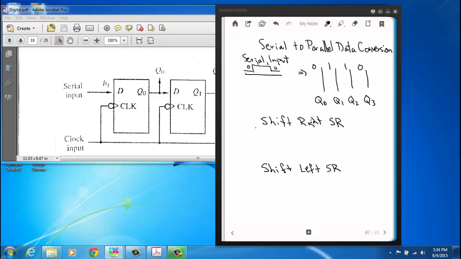What's meant by a shift right, shift register is that the serial input data goes into the Q0 flip-flop.